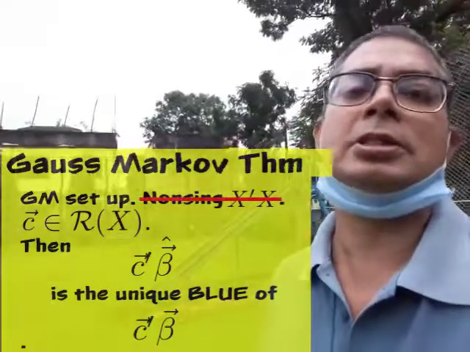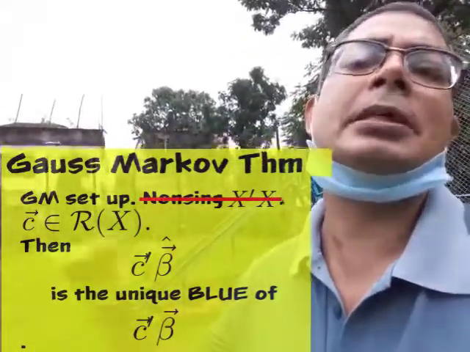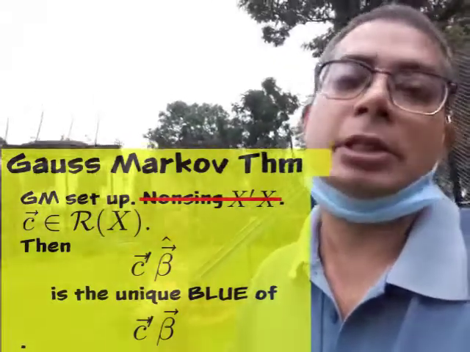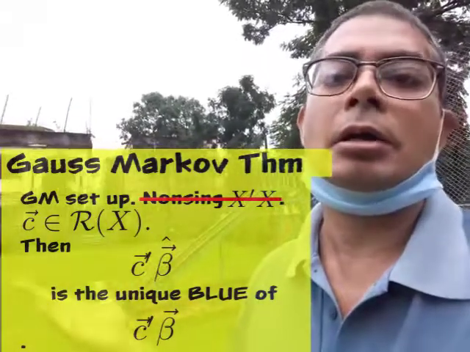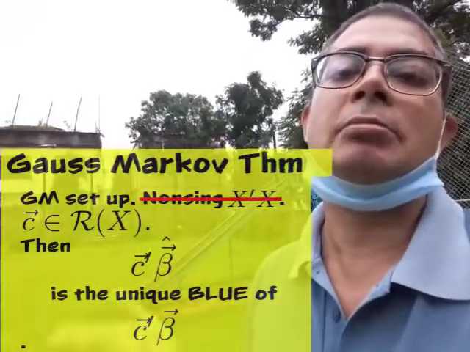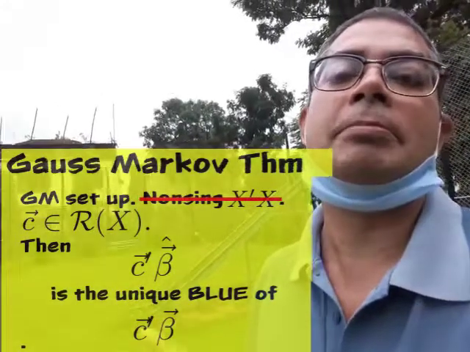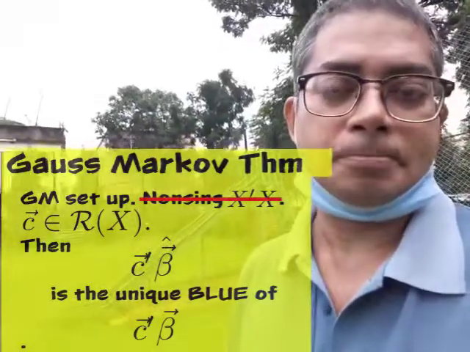Nobody can meaningfully estimate c'beta, let alone obtain BLUE or whatever. So that is the basic minimal condition. Interestingly, that is all that we need. We can then say precisely the same theorem: c'beta hat will be the unique BLUE of c'beta. So that is the general form of the Gauss-Markov theorem.